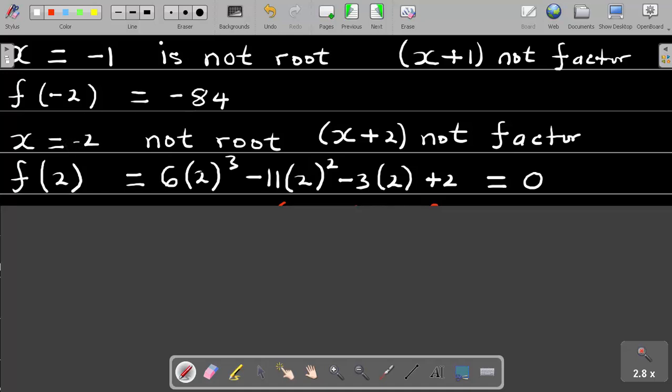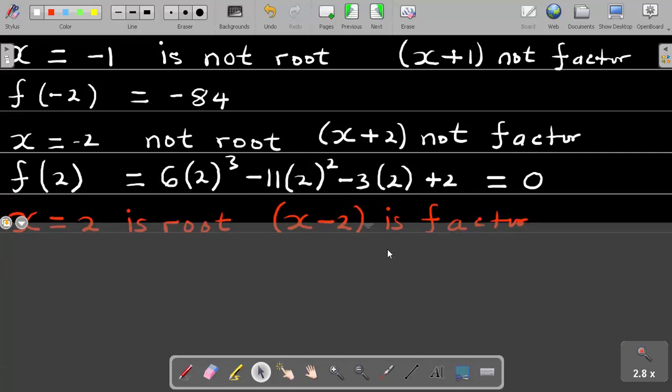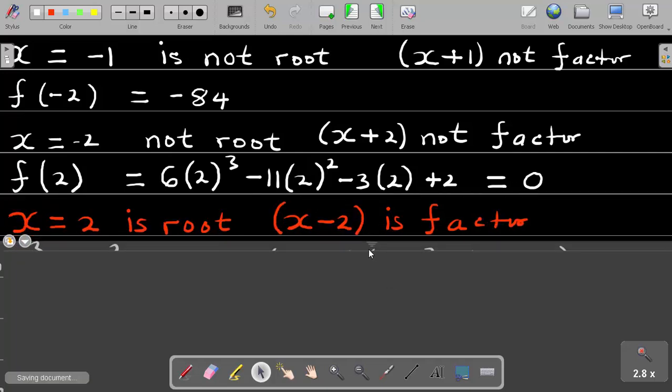However, if I put now x equals 2, check this, we see that I have 6 times 2 cubed minus 11 times 2 squared minus 3 times 2 plus 2. I get 0. So because I get 0 here, it means that x equals 2 is a root, and therefore x minus 2 is a factor.